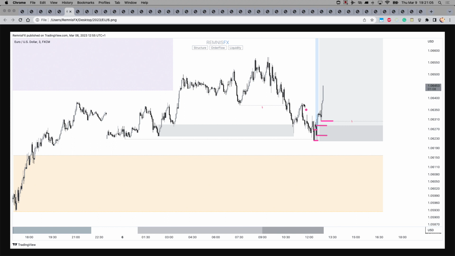And price already closed above the most recent internal high here, indicating that this can function as my internal change of character, right? So I was basically waiting until price came to take out liquidity, perhaps even mitigate this POI while triggering me and then continue higher, right? So just following my system.